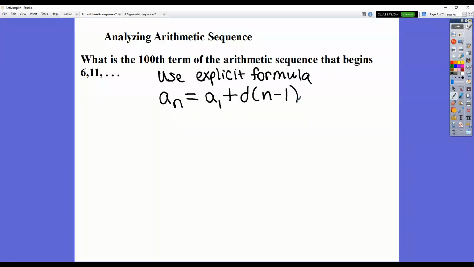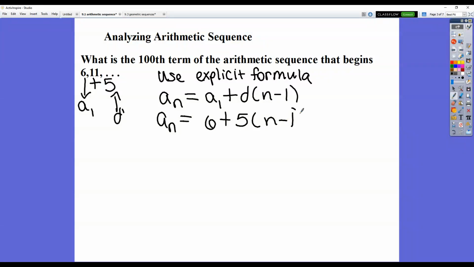I'm going to flip it around just a little bit. So A sub 1, what's the first term? Okay, then what's the common difference? How do you get from 6 to 11? 5. So that's D. Then you plug it in. A sub n equals 6 plus 5 times n minus 1.